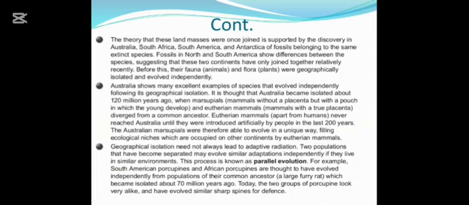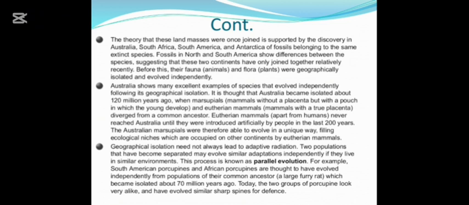Now, the theory, just like I described earlier, so you will see that in Australia, many excellent examples of species have evolved independently following the geographical isolation. Now, it is thought that Australia became isolated about 120 million years ago.